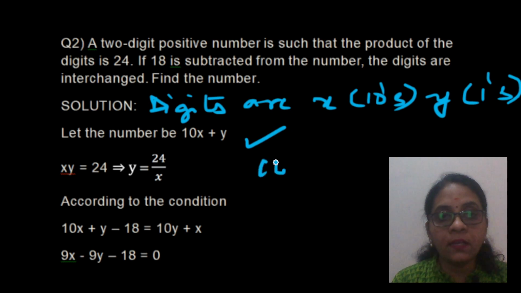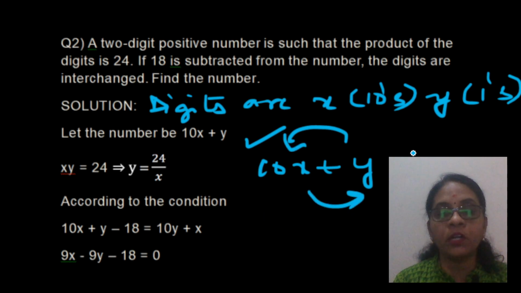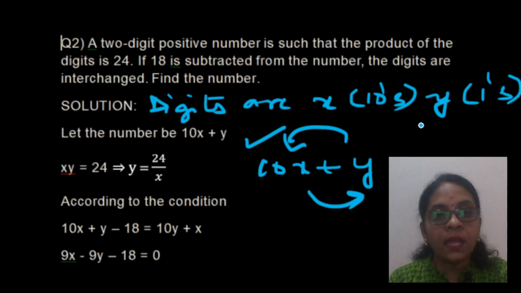Digits are interchanged means the number becomes 10y plus x. If we transpose everything to the LHS, we get 9x minus 9y minus 18 is equal to 0. Is that clear, children?